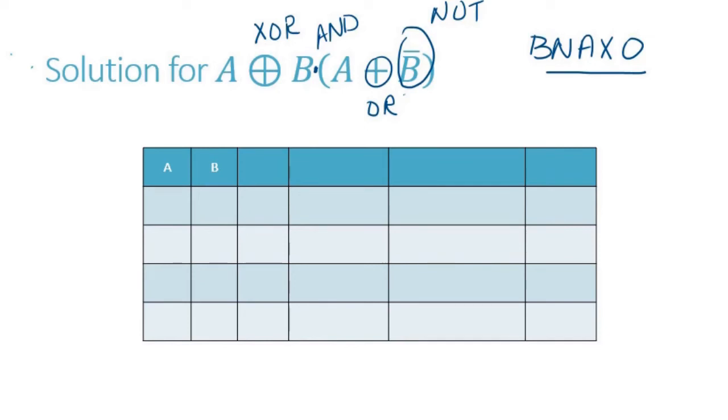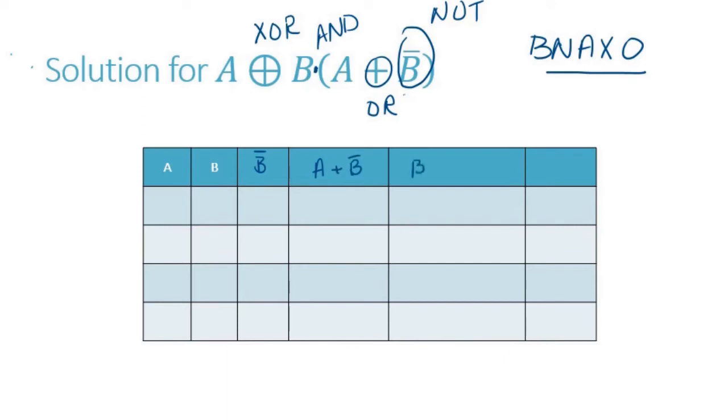Between A or not B and not B, the NOT gate comes first. So the first one I'll look for is the negation of B. Then I'll get to do the OR. So I'll have A or not B. Once I have that piece, well, does the XOR or the AND gate come next? I need to do the AND gate.